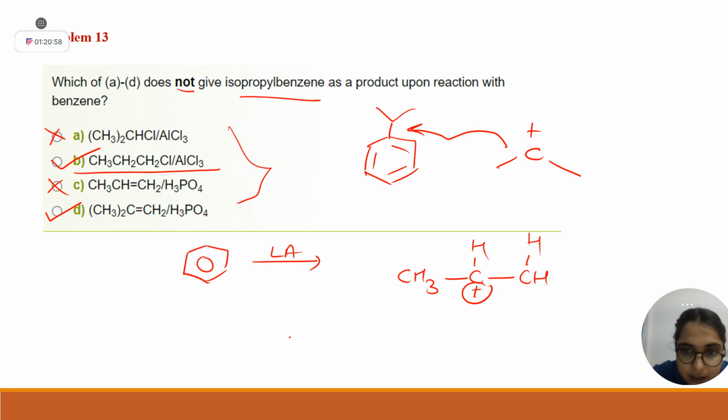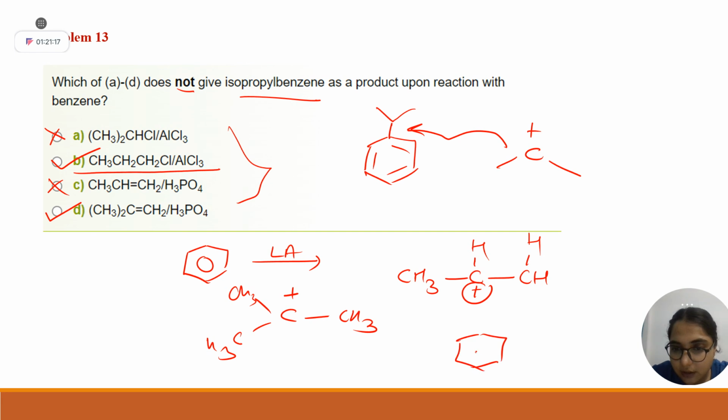In option C also an isopropyl cation will form, CH3 C+ CH3. Students, in option D you will get this product. But we want isopropyl benzene. So option D is correct, because it can't give isopropyl benzene as a product.